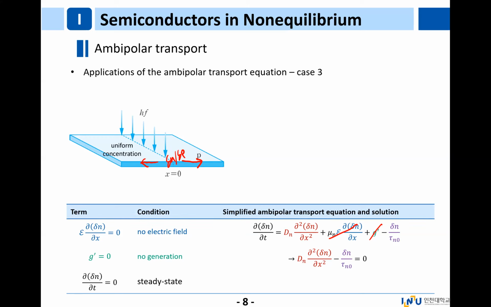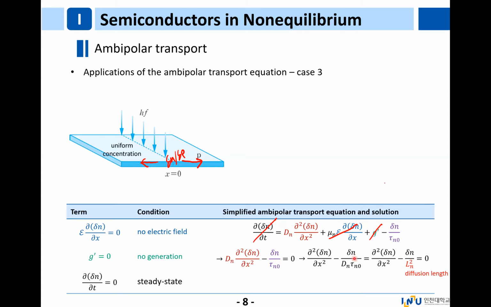And we are examining the distribution in a steady state. So dividing both sides of the equation by the diffusion coefficient, we obtain the following expressions. Here, the newly defined parameter Ln represents the diffusion length of minority carriers and has units of length.